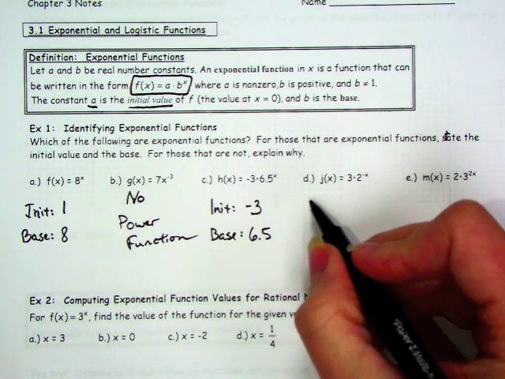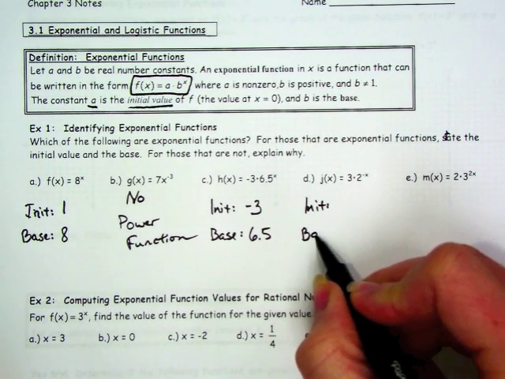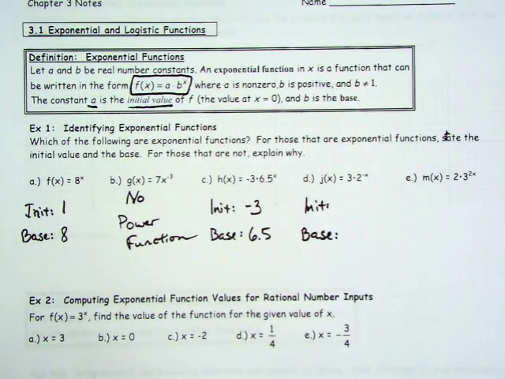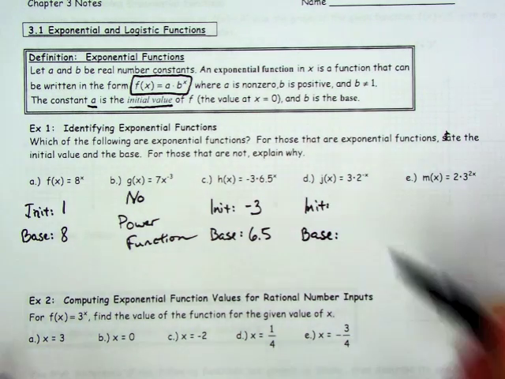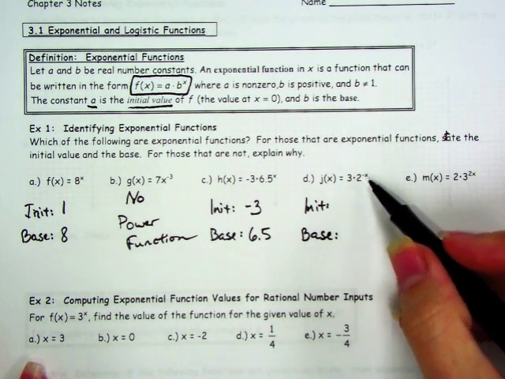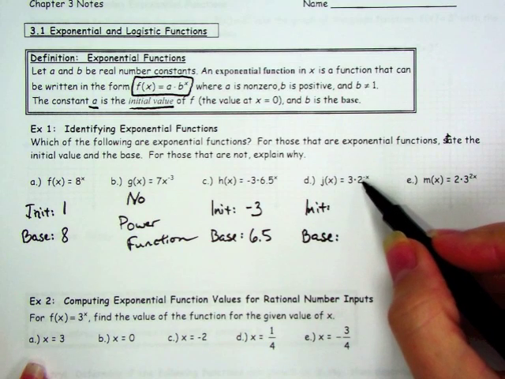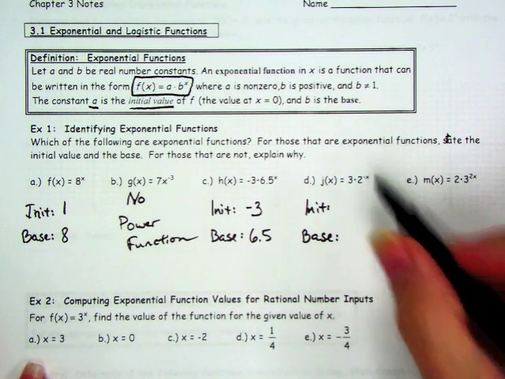Okay, continuing on here in D, initial value and base. I do want to look at that base again first. Here we have 2 to the negative x. When we're looking for the base, we want to know what is being raised to the power x. And so we need to take care of that and rewrite this so that we don't have a negative x as our exponent.